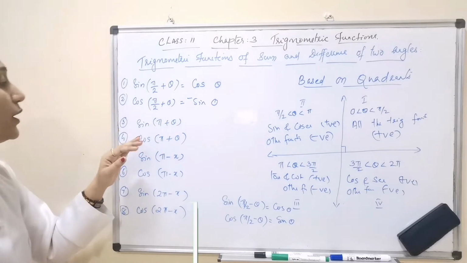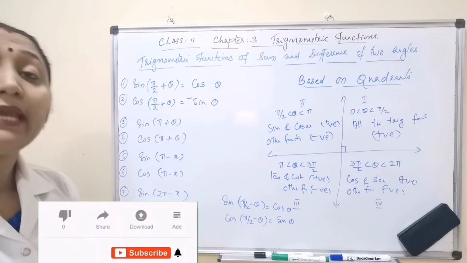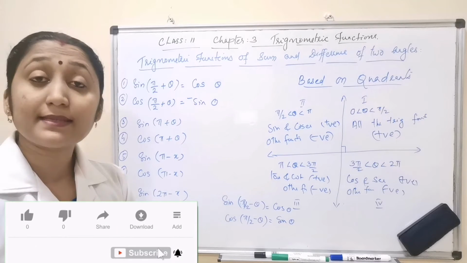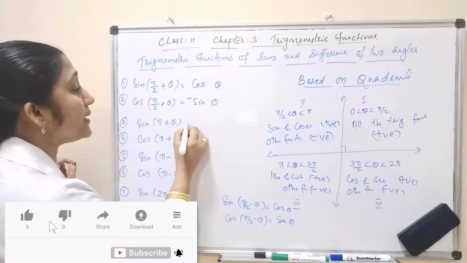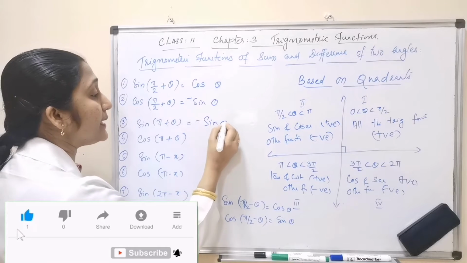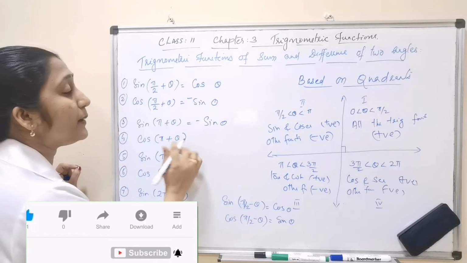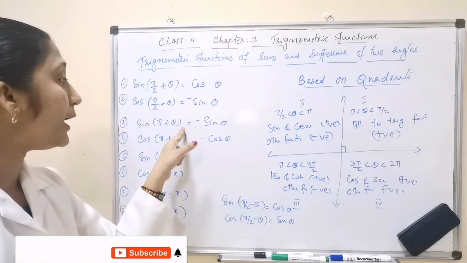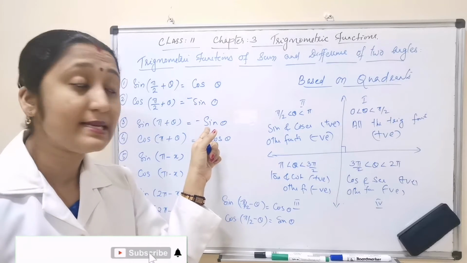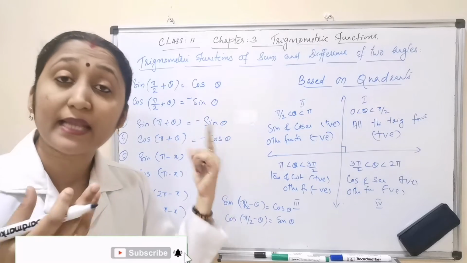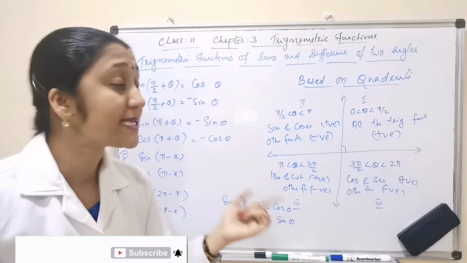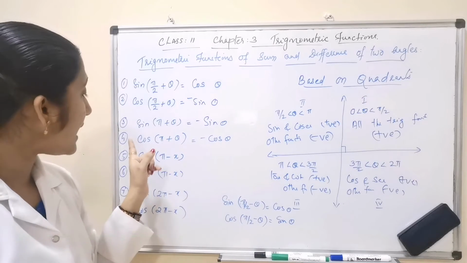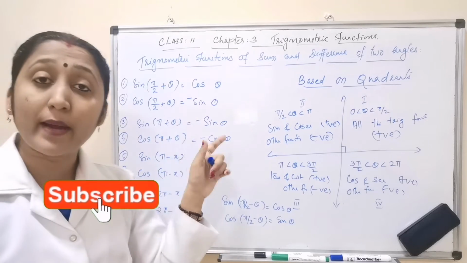So sin of pi plus theta, sin of 180 plus theta, is equal to minus sin theta, and cos of 180 plus theta is equal to minus cos theta. Or the angle may be in x, that means sin of 180 plus x is minus sin x, and cos of 180 plus x is minus cos x.